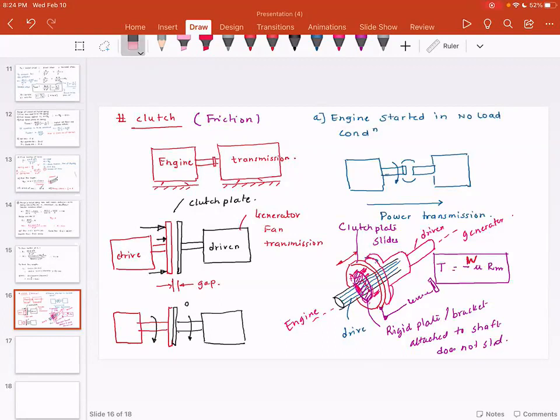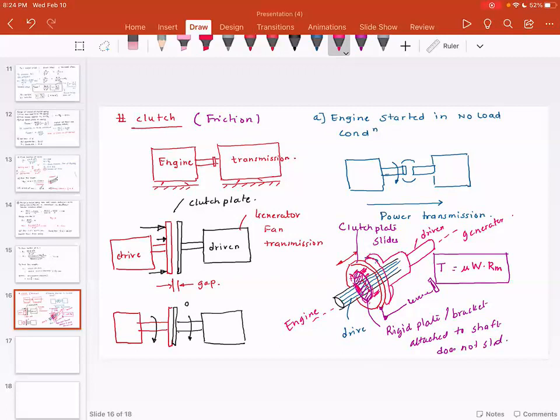Actually, if you use Rm, we don't use half. So you have mu times W times Rm. That is the torque that is transmitted by the clutch.